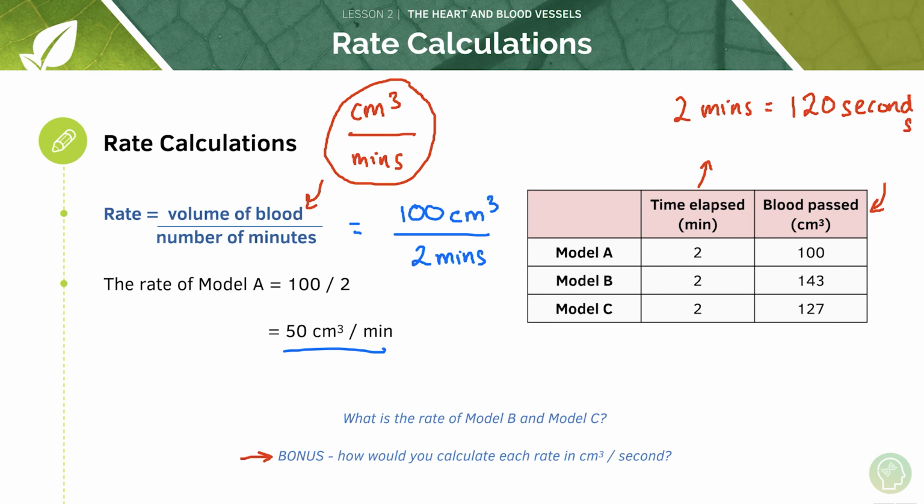So that means you should have got 0.83 centimetres cubed per second for model A, 1.19 centimetres cubed per second for model B, and 1.06 centimetres cubed per second for model C. And the way I did that was again the same, by just dividing blood passed over time elapsed, but this time in seconds.